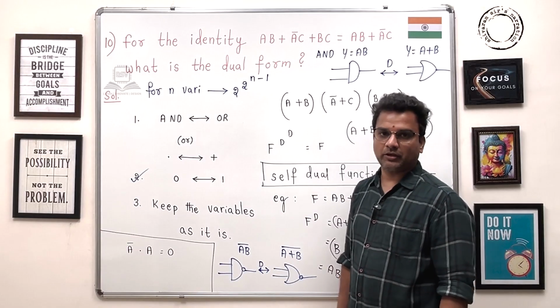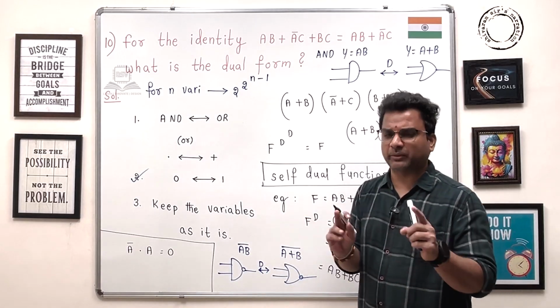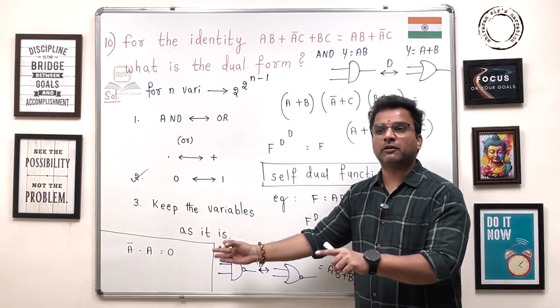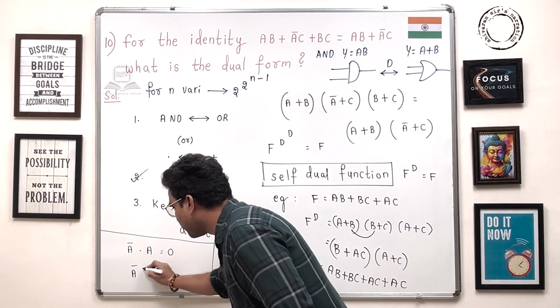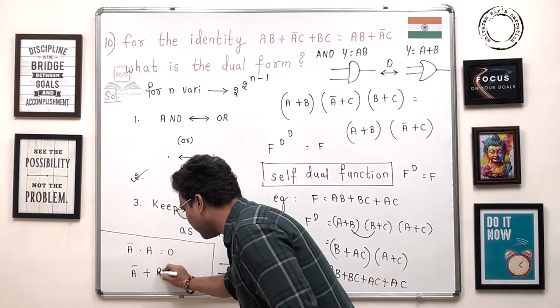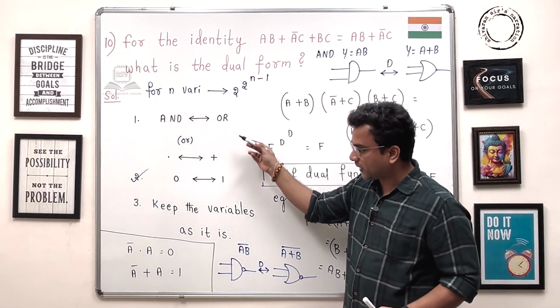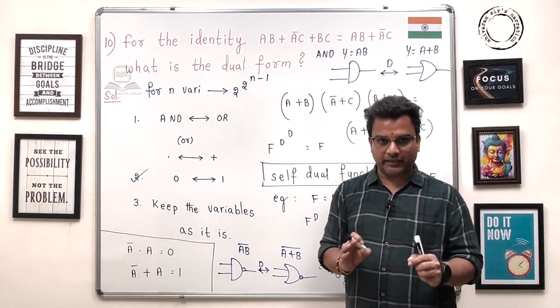This is the function. Now they are asking what is the duality for this. Simply you need to keep the variables as they are. Replace AND with OR, replace 0 with 1, 1 with 0. Therefore, it is A bar plus A is equal to 1 only. So, you need to remember all these 3 points if you want to apply duality.